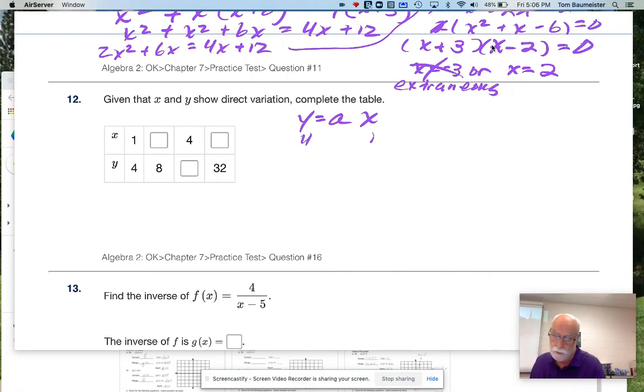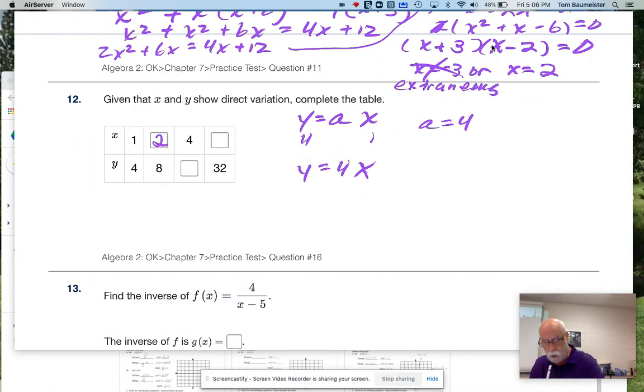So what times 1 equals 4? That'll tell us that our a is equal to 4. All right. So if that's the case, then we know that our formula is y is equal to 4 times x. And then we're just going to have to fill out. Okay, if y is equal to 8, 4x is equal to 8. So that means we would divide by 4. We'll get x is equal to 2.